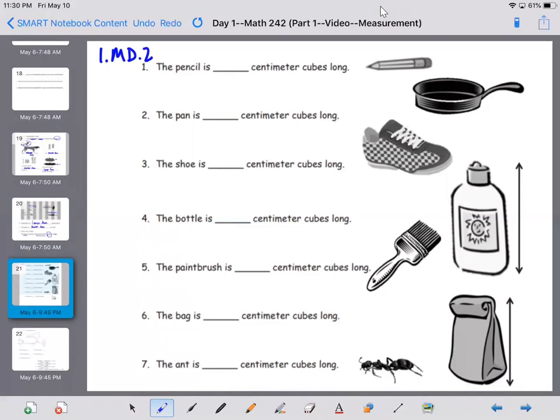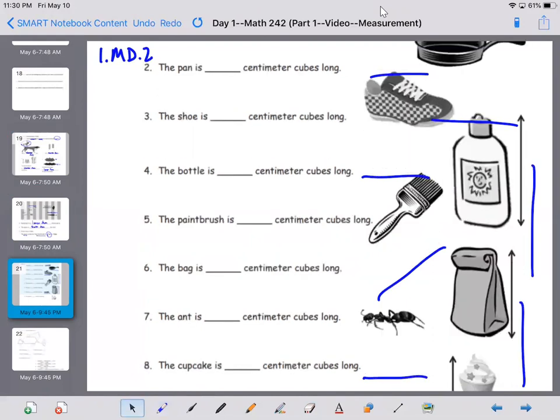So, go ahead and give those centimeter rulers, those base 10 blocks out to the kids and let them measure the length of that pan and the length of that pencil and the shoe and the paintbrush, and they have to turn it, and then they see this would be more vertical, and the lunchbox would be vertical, and the ant would be alongside like that.